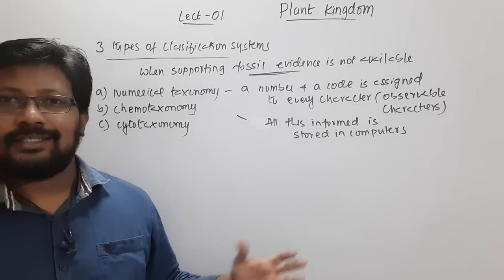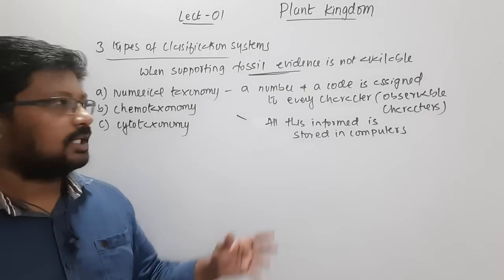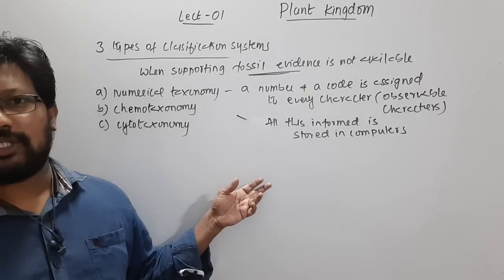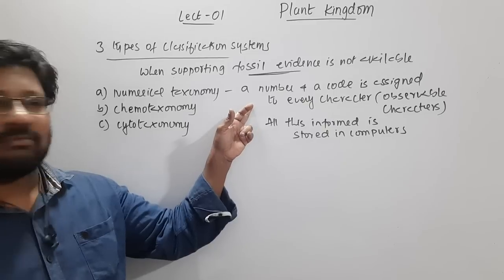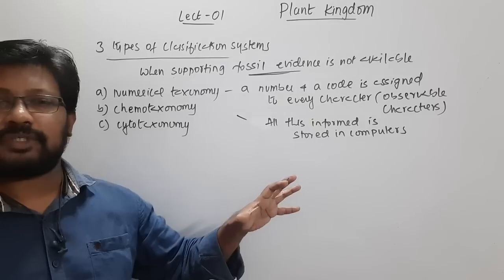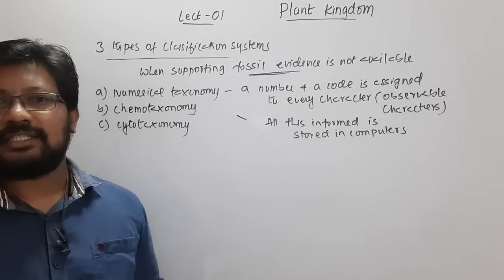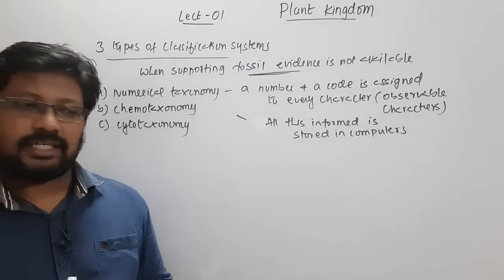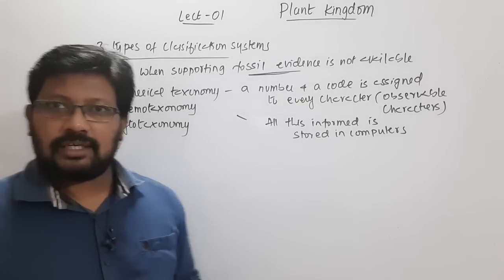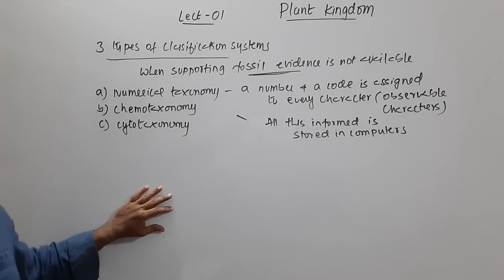Taking papers and seeing the characters with the numbers and all is very difficult to do manually. Hence they assign a number and a code, feed that into the computer, and ask the computer to analyze the similarities between two different plants. Then the computer will do it automatically and come up with a conclusion. So this is numerical taxonomy.